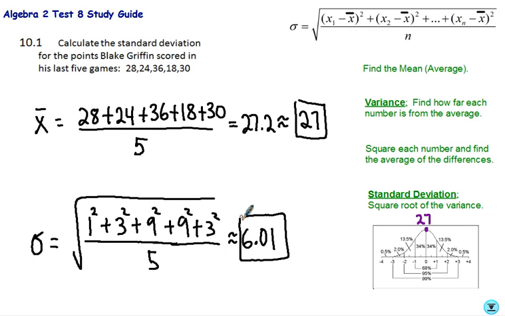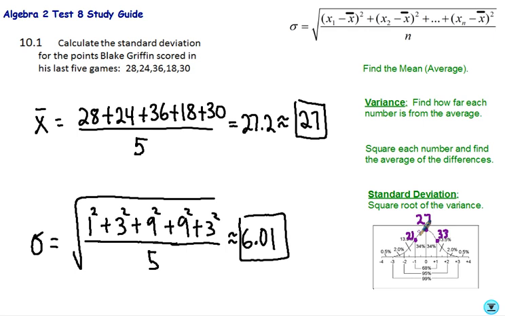So what that means is, think of it as the spread of his points per game being plus or minus 6. Most of the time he scored between 6 more than his average, which would be 33, or 6 less than his average, which would be 21. I think this will really help you make sense of all this.